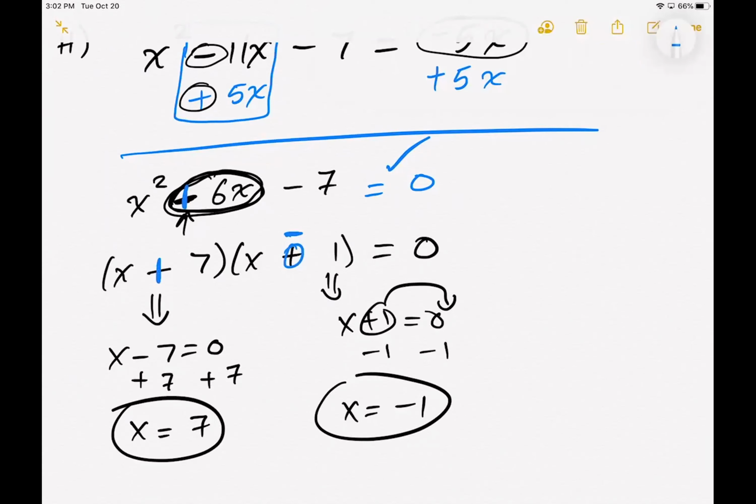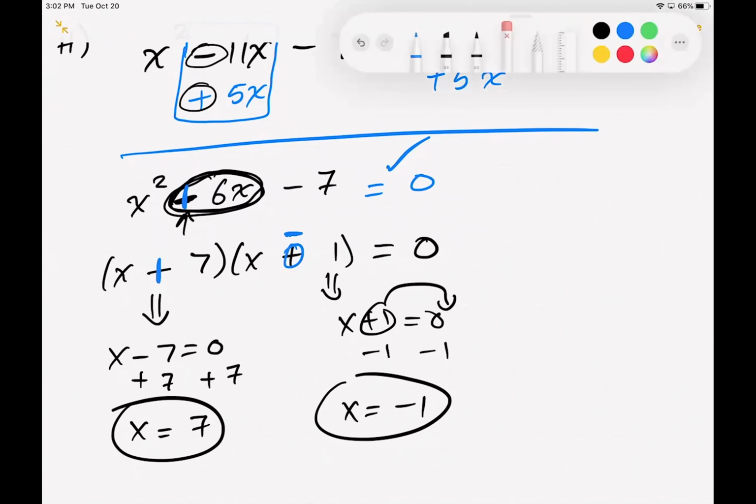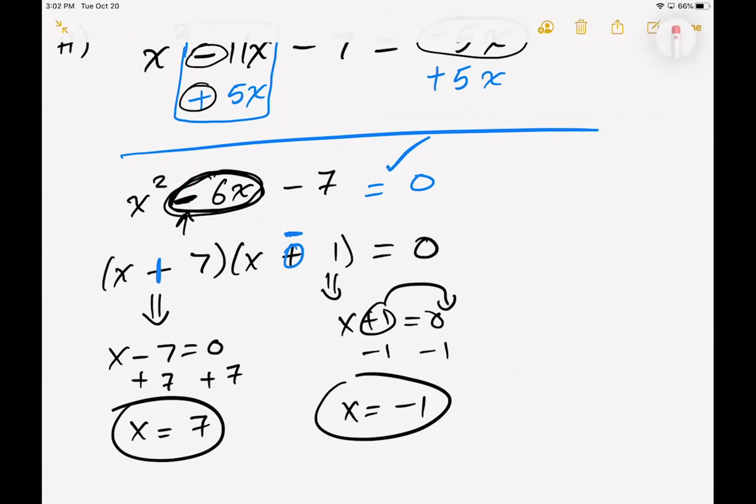Because when you subtract, you keep the sign of the larger number. So the larger number will get the sign of the middle term, right? When you add, they have the same sign. But when you subtract, you have to keep the sign of the larger number, okay? So it depends on your middle sign, which determines which item gives you the larger one, okay?